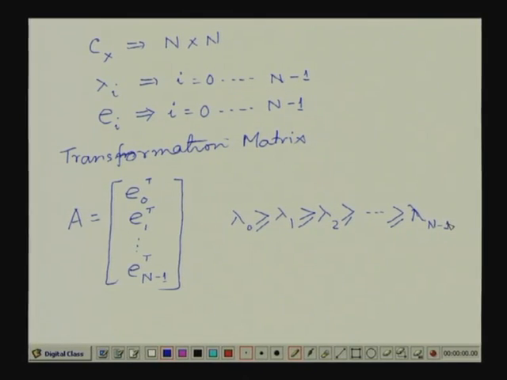So, this is how we form the transformation matrix A.